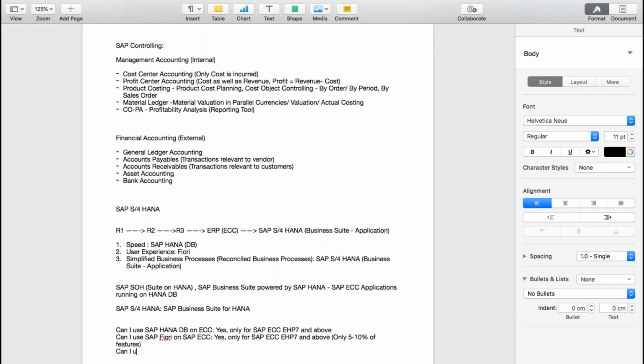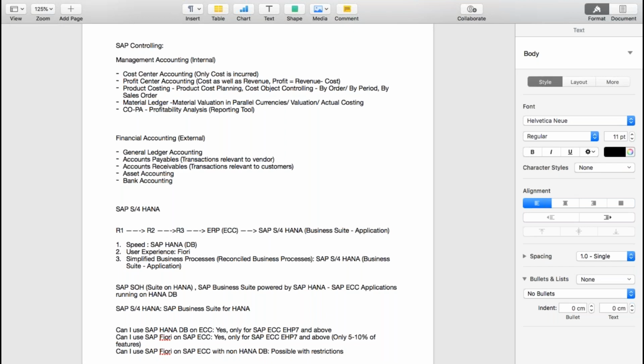Can I use SAP Fiori on SAP ECC with non-HANA database? What do you think? What should be the answer? I'm not sure. Possible. Possible with restrictions. I'll tell you what the restrictions are.